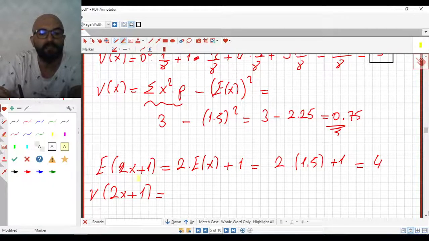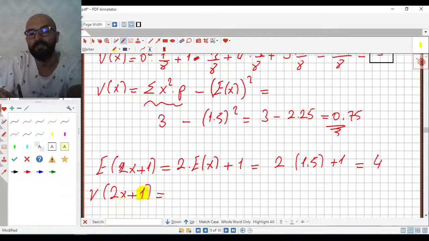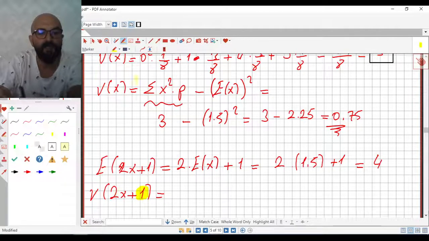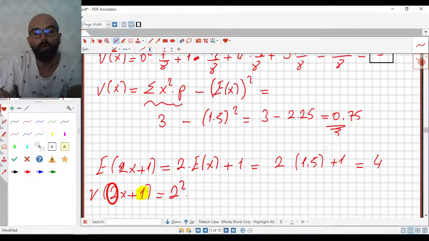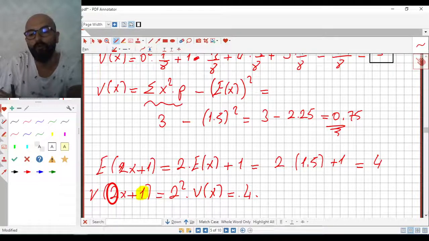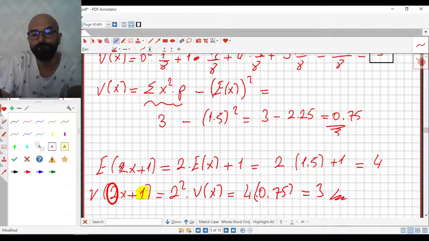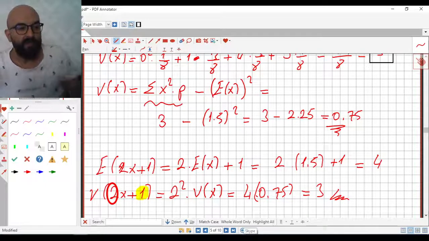Please remember that 1 doesn't affect the variance, only 2 affects the variance. 2 square multiply the variance of x, 4 multiply 0.75, means 3.